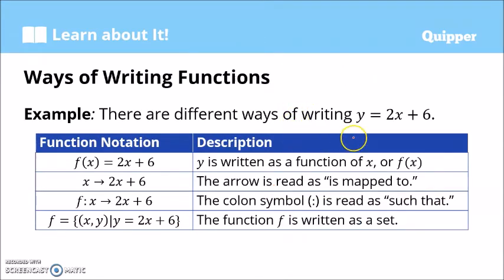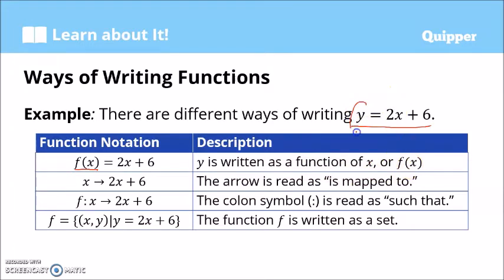There are many ways of writing functions. Example, there are different ways of writing y equals 2x plus 6. First, we can write it this way. So, meron tayong f of x. Remember, class, this is read as f of x equals 2x plus 6. So, y is written as a function of x, or f of x.